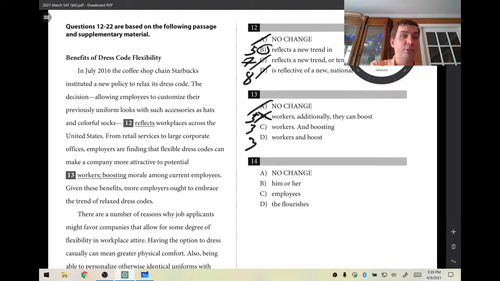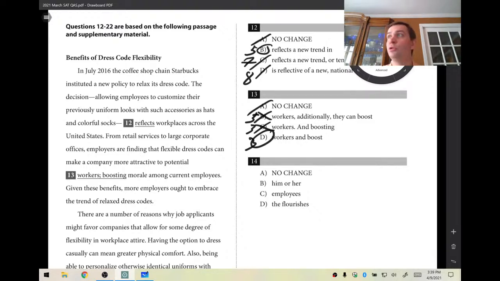That's the same problem we had with answer choice A, so it's out. 13 is just D. I'm going to read the corrected version. From retail services to large corporate offices, employers are finding that flexible dress codes can make a company more attractive to potential workers and boost morale among current employees.